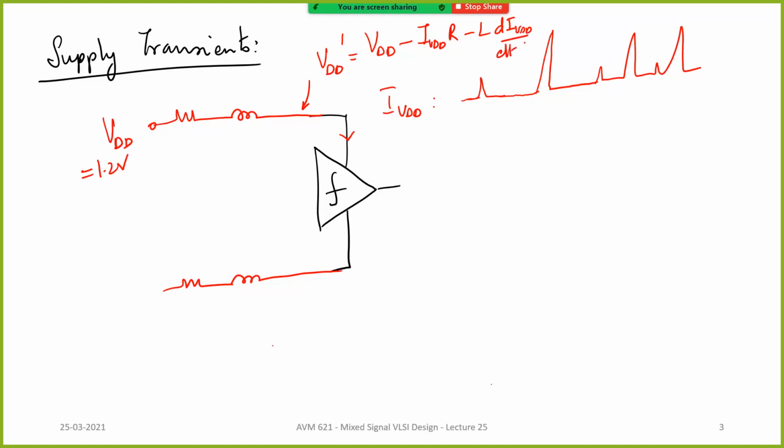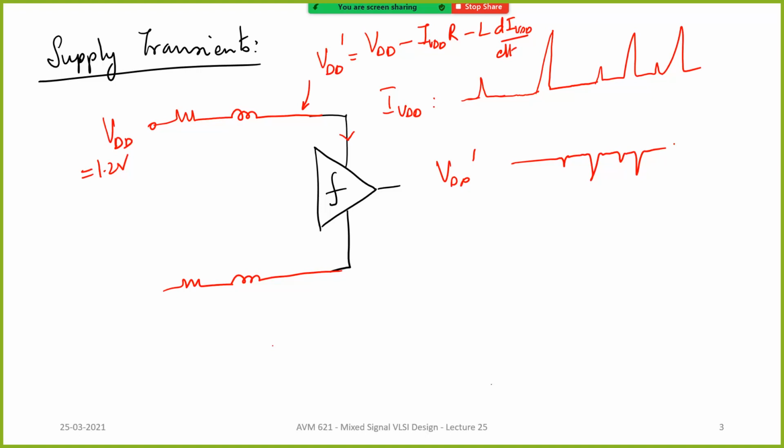So what you will see is this VDD prime is going to look something like this, right? And the faster the transitions, the more spiky the current becomes. And if di by dt becomes large, then you have a larger voltage drop. Okay, so which is why the supply voltage itself will be swinging.